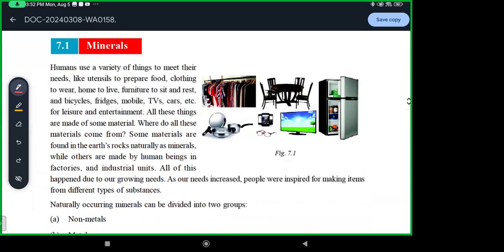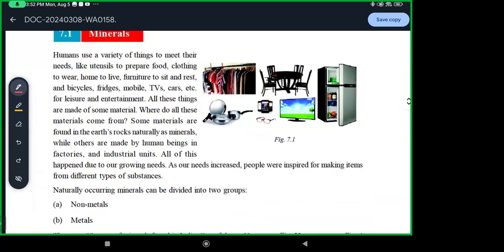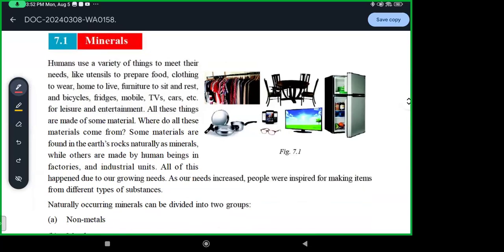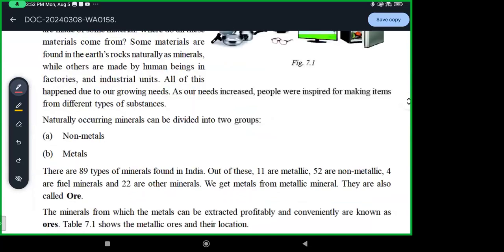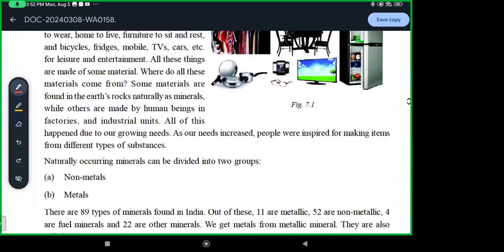Now, when we talk about things, they are made up of either metal or non-metal. They can be classified on these two bases, that's metals and non-metals.